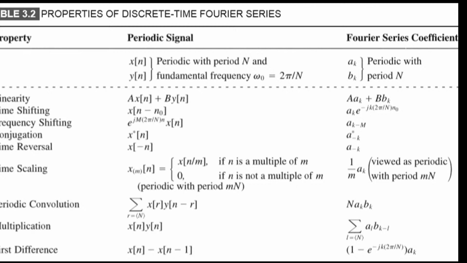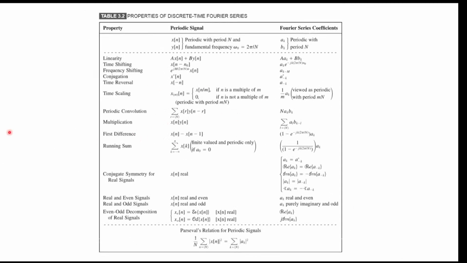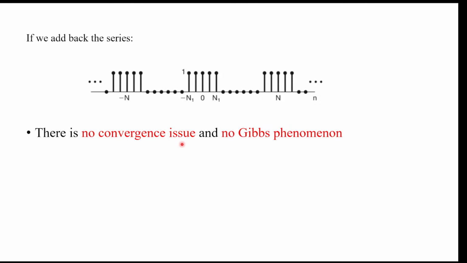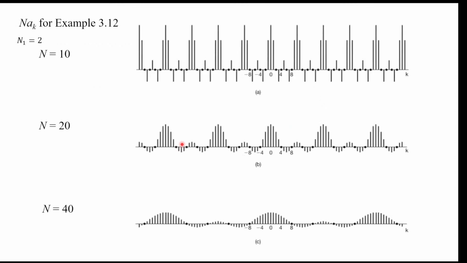Sorry, we are going a bit over time, but next time we'll go over more detail about the properties of the discrete-time Fourier series, and we'll finish chapter 3 and start on chapter 4, where we'll talk about the Fourier transform, basically for non-periodic signals.